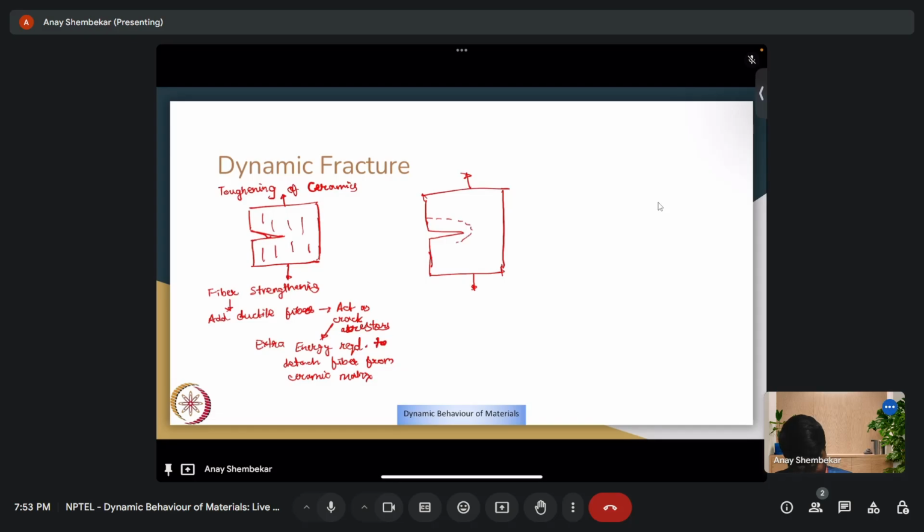Another one is something called transformation strengthening. An example of the same is, suppose you have an aluminum oxide matrix and inside you have zirconia grains.